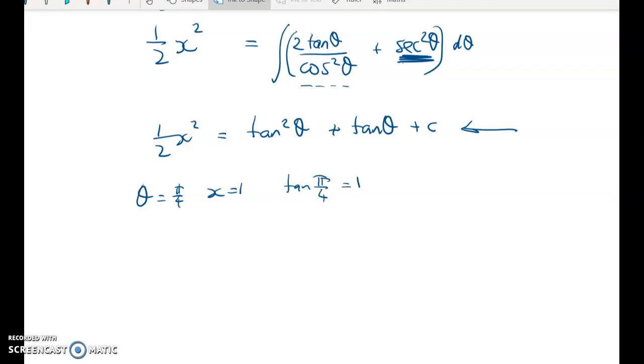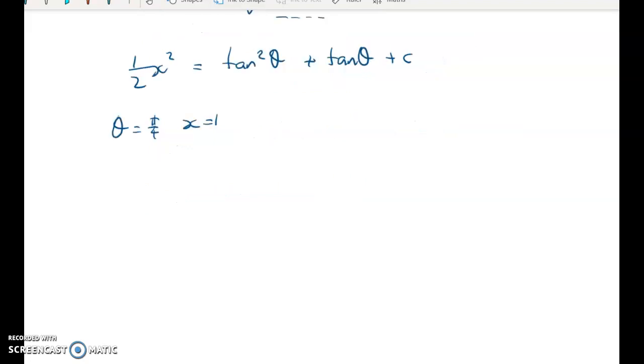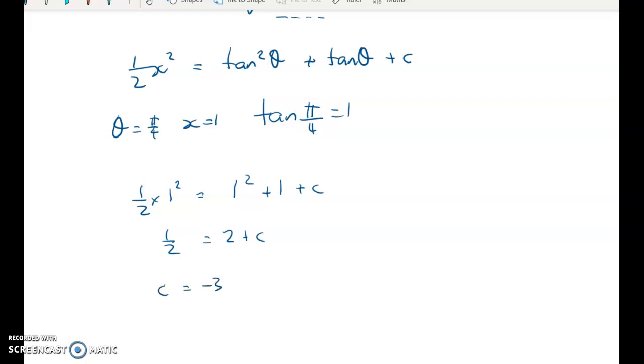So something weird just happened. Hopefully we didn't lose too much time, but we know that tan pi on 4 is equal to 1, and so now we can substitute in, and we get 1/2 of 1 squared is equal to 1 squared plus 1 plus c. So 1/2 is equal to 2 plus c, giving me c is equal to -3 on 2.